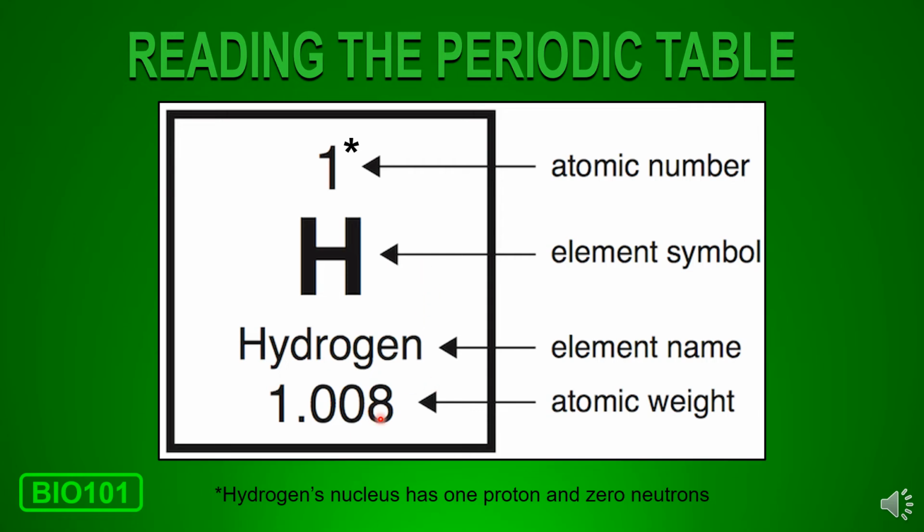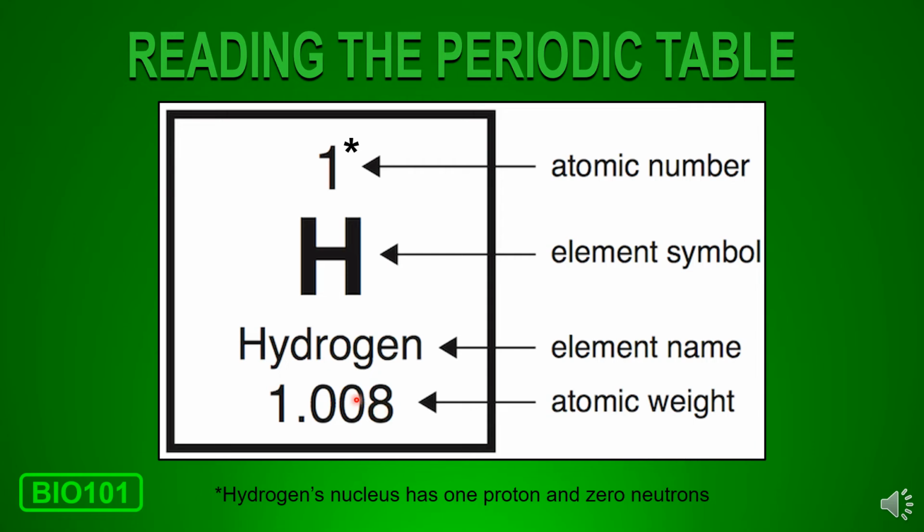So for all intents and purposes, at least for our purposes here in general biology, the mass of the electrons is negligible, no matter how many are there.